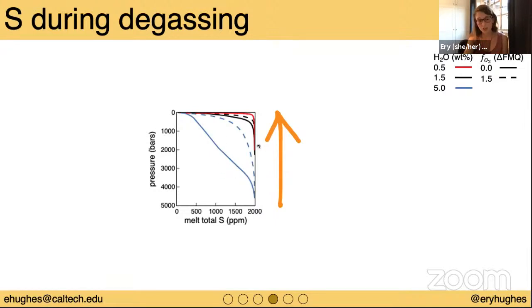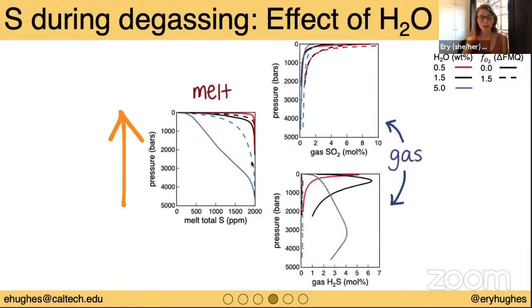And we see that in hydrous conditions, we're getting deep degassing of sulfur. This is because of changes going on in the gas phase, because I should say that in these calculations, there's no direct effect of water on the solubility of either the sulfide or the sulfate phase in the melt. So this is all to do with changes in the gas. So here I'm plotting the gas composition.